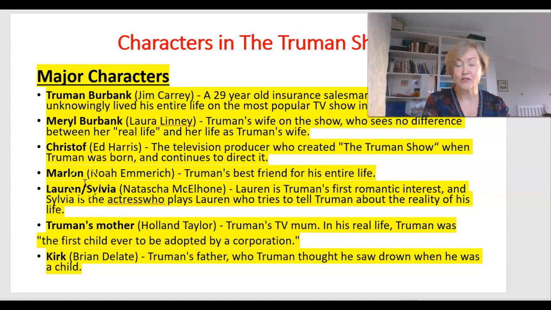So Lauren is the real name of the girl who plays Sylvia, who Truman falls in love with, but doesn't get a chance to pursue that relationship because she is whisked away, and Meryl is placed very firmly under his nose and he kind of goes along with it.